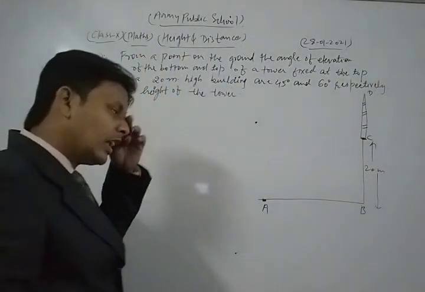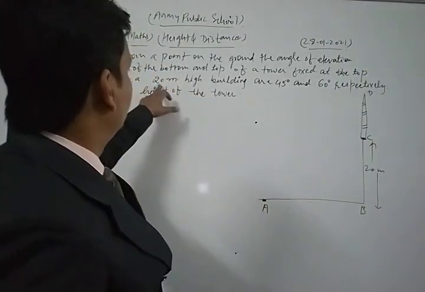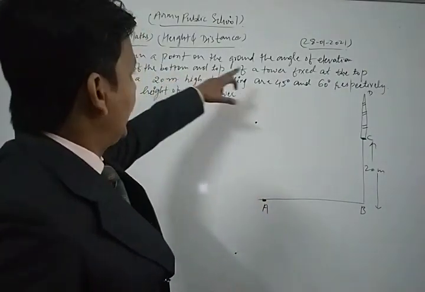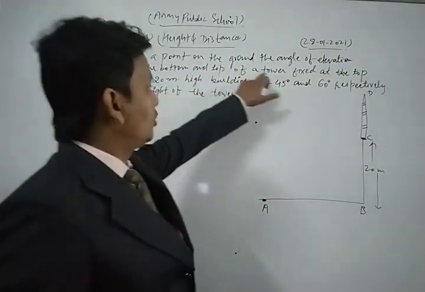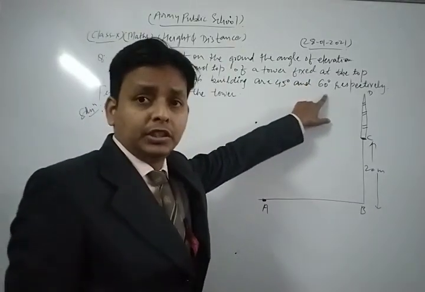Now from this point, dear friends, the angles of elevation of the bottom and top of the tower are 45 and 60.